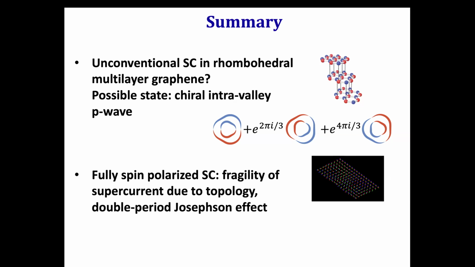Let me mention also one of the biggest surprises that came out recently in this system. The most natural thing to think about in these systems is pairing of electrons between the two valleys, of course. Whether it's singlet or triplet, you can always pair an electron from valley K with an electron from valley K prime. They are time-reversed pairs.